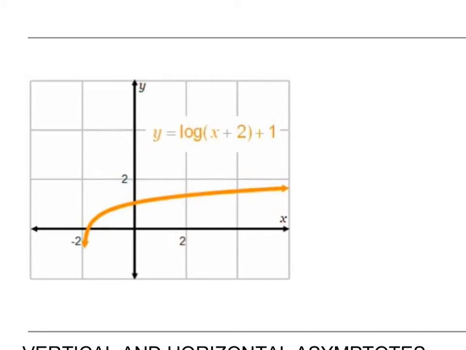Okay, now a log, remember, is the inverse of an exponential. So the domain is switched with the range, all right? So what we get is we have this vertical asymptote at -2, okay? And I get that from here, so whatever goes inside of a log must be positive, okay?